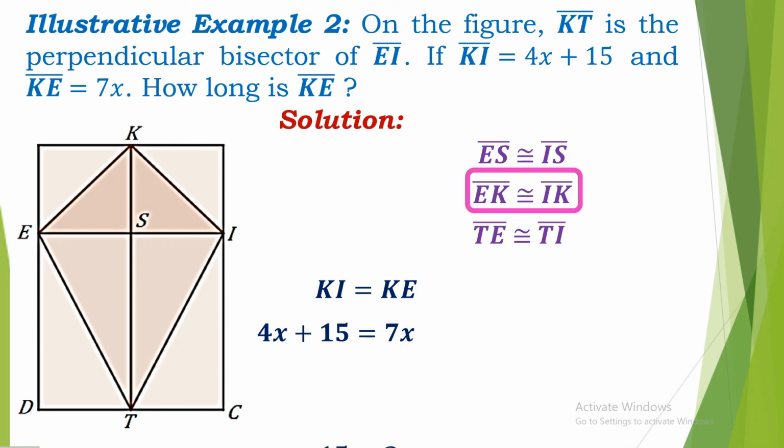So we now have 15 is equal to 7x minus 4x. That gives us 3x. So what's the value of x? You're right, it's 5.